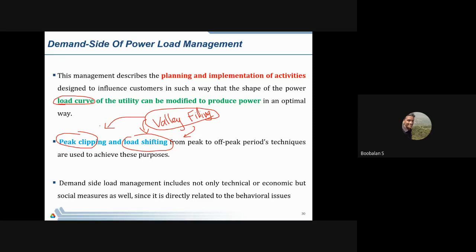These are the three important techniques used to reduce the peak demand in a thermal power plant, and they are some traditional methodologies.